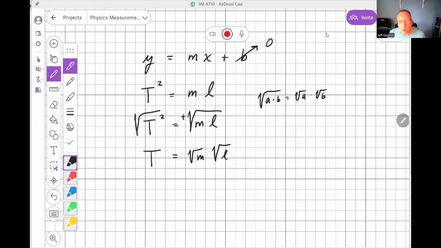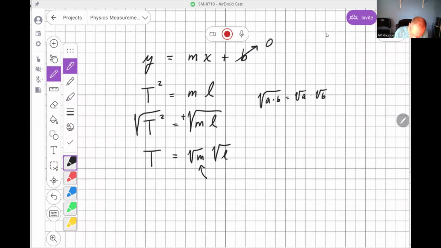Okay, so we're almost there. The remaining thing that we can fill in is the slope from the period squared versus length graph. When you draw that graph using Pasco Capstone and do a line of best fit, it'll give you that slope value. So you can plug in your particular slope value for m here. Now, typically it's around 0.04.